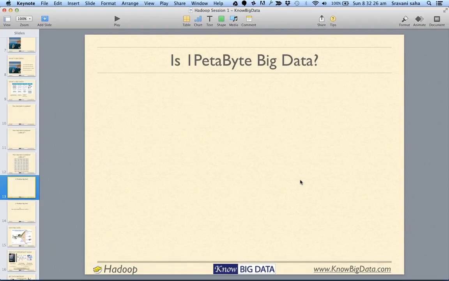To store 1 petabyte of data, you need 1024 hard disks, each having 1 terabyte of size. So if you have to store 1 petabyte of data, do you think you would require a distributed architecture? Do you think you would require a multitude of computers to solve the storage problem?